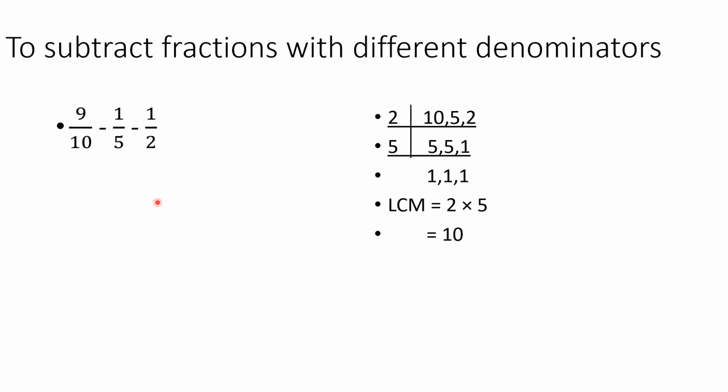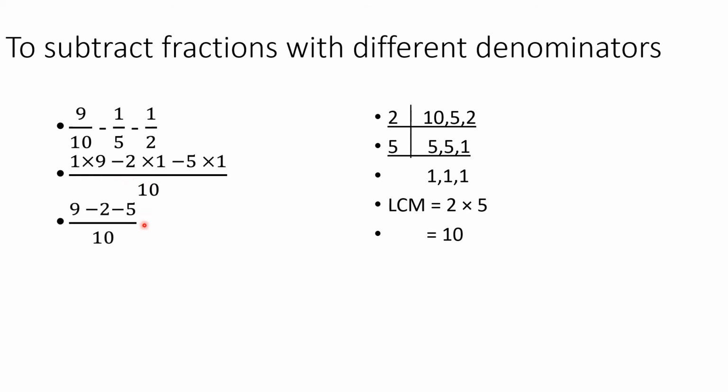This LCM will be our new denominator. So we will write 10 here. Now 10 ones are 10, multiply by this numerator, minus 5 twos are 10, multiply by this numerator 1, minus 2 fives are 10. We will write 5 here, multiply by this numerator. Now 1 nine is 9 minus 2 ones are 2 minus 5 ones are 5, by 10.